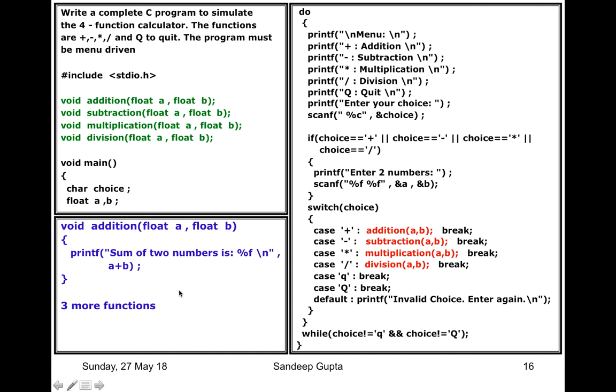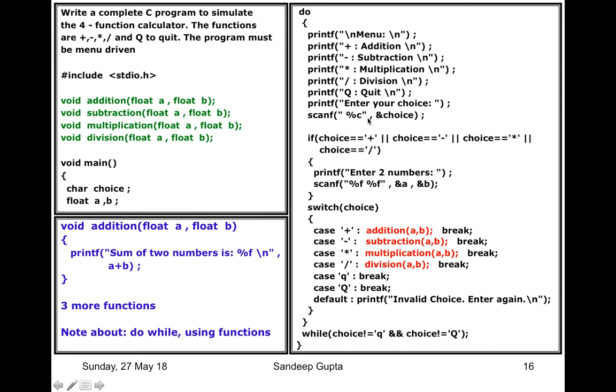Now also let me tell you a few things about the do while loop. In this program, please note that I am not using a while loop, I am using a do while loop. Can you think and can you tell me why are we using a do while loop? Just take a second and think. So, we are using a do while loop over here because we want to display this menu at least once.